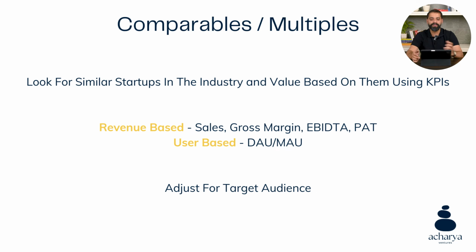Let's come to the comparables method. This is very simply put: you compare yourself to startups in the industry which are very similar to yours, and you value them based on a few indicators. They could be revenue-based indicators, such as your sales, your gross margin, your EBITDA, your profit after tax, or it could be based on users for people in an industry which depends more on recurring users, so daily active users, monthly active users.